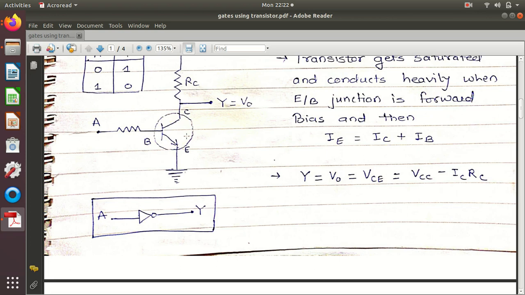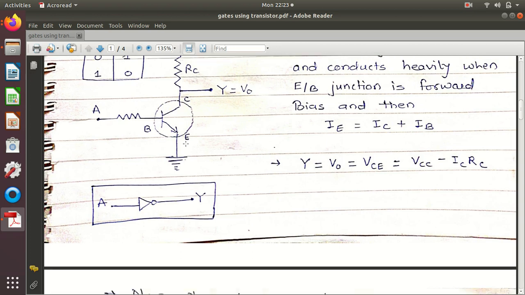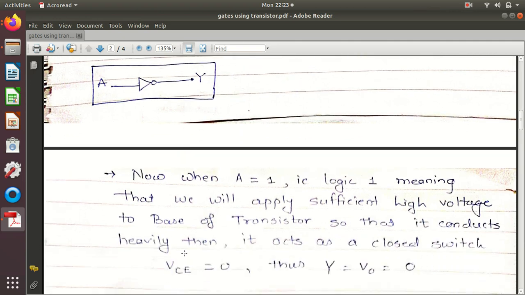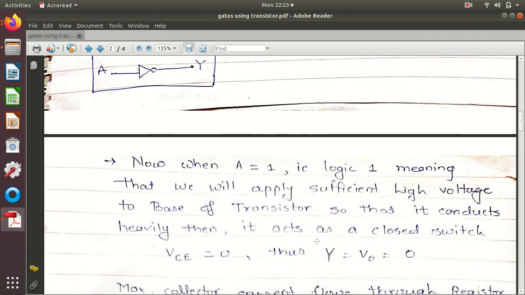Thus, this transistor will conduct heavily and act as a short switch. When it acts as a short switch, it conducts heavily so that the voltage drop across the transistor, that is VCE, equals 0.